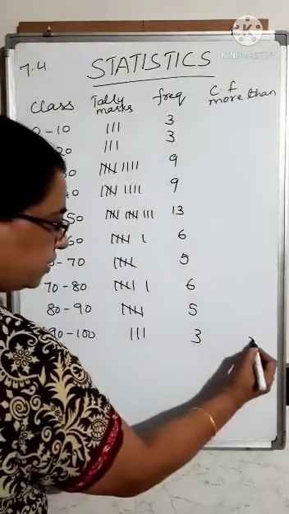Then you have got 38 plus 9 which is equal to 47. Next you have got 47 plus 9 which is equal to 56. 56 plus 3 which is equal to 59. Then 59 plus 3 which is equal to 62. So like this you have to prepare the cumulative frequency more than type.